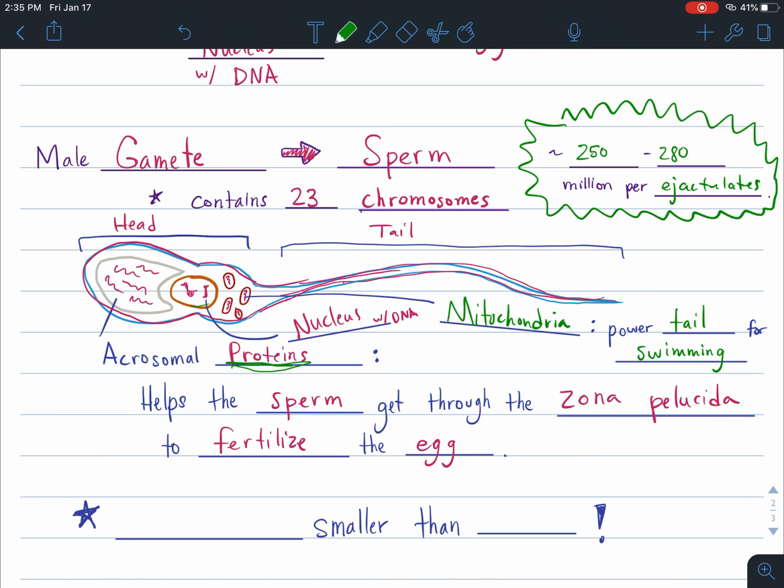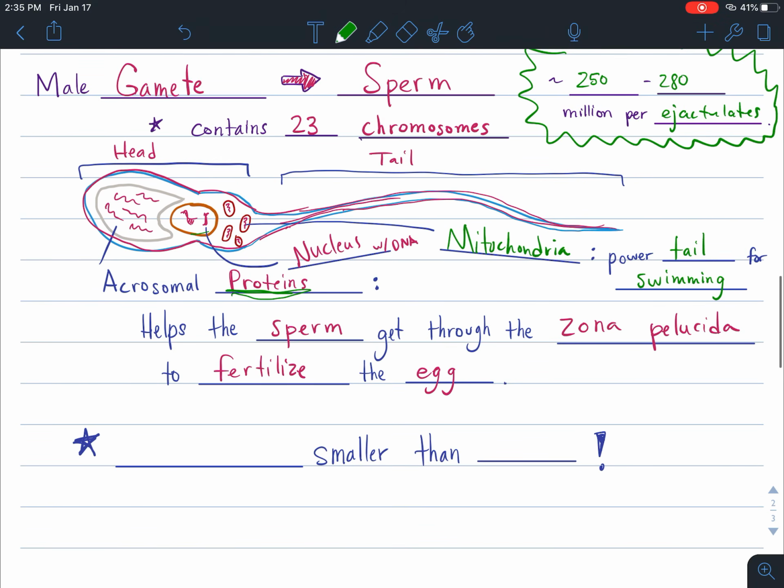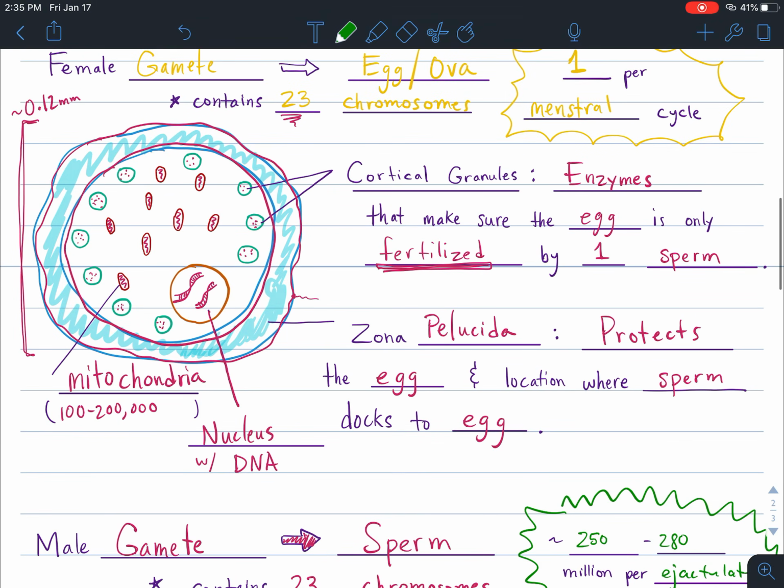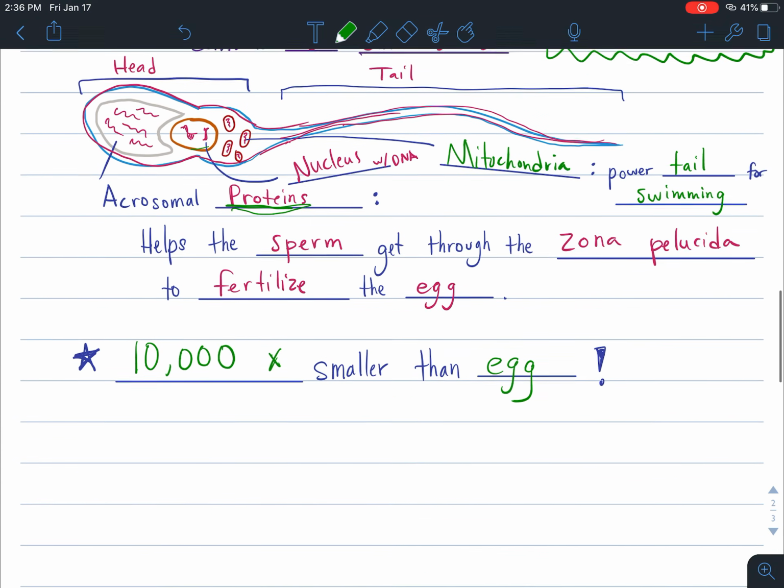Also, when we talked about the egg cell being the largest cell inside of a human, the male gamete, the sperm, is 10,000 times smaller than the egg cell. So up here, when I drew that little tiny sperm coming in on the side of this egg, that's actually a close representation of the size difference between the two. But remember, the sperm only needs to drop off the DNA to combine with the female gamete's DNA.